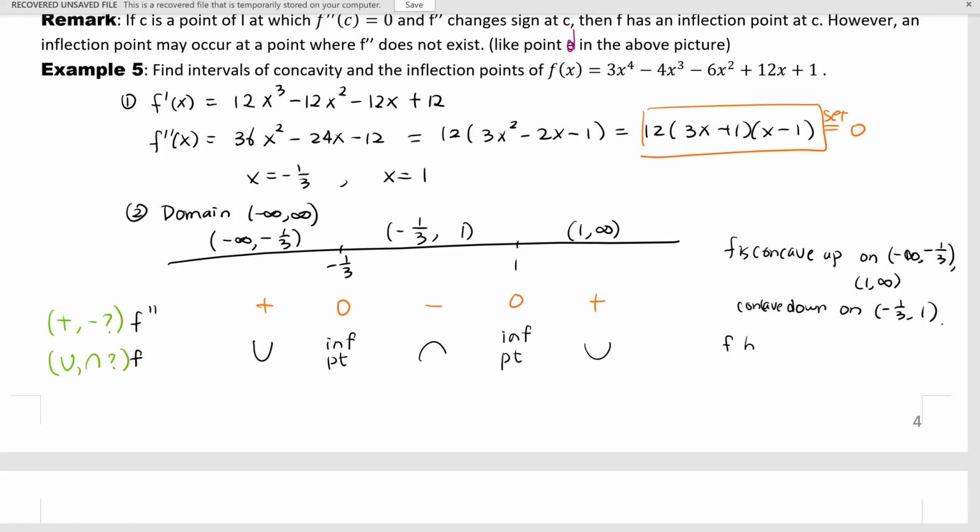Okay, f has inflection points at x equals -1/3 and x equals 1. So that answers the problem.